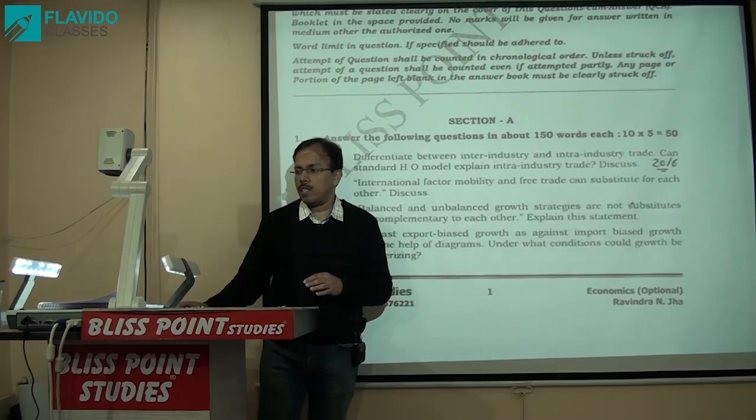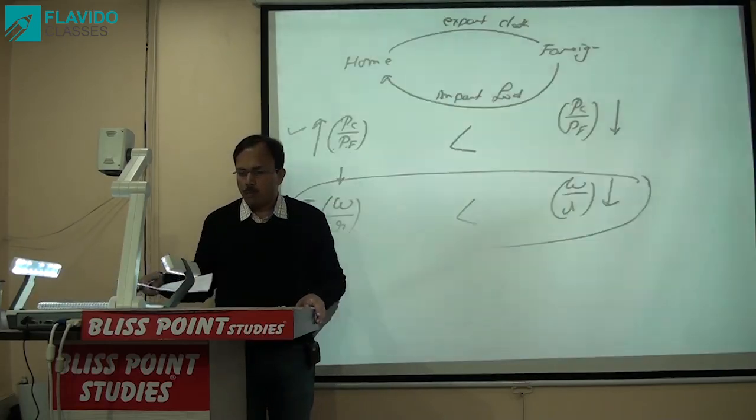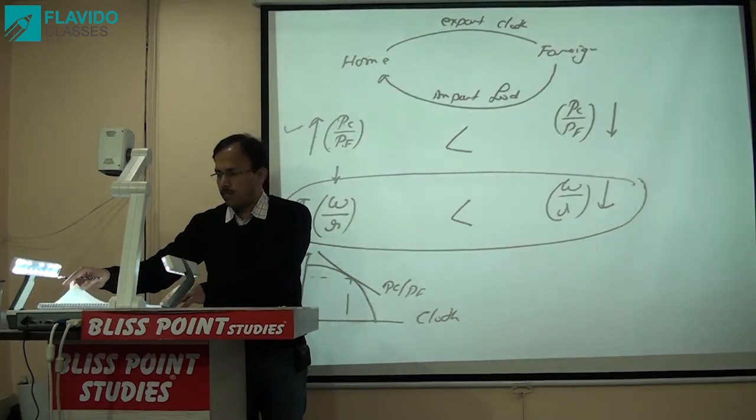But what will be the effect of bias growth on the production possibility frontier?